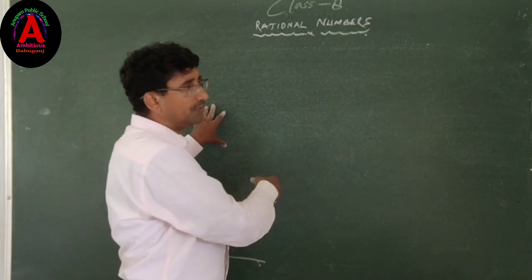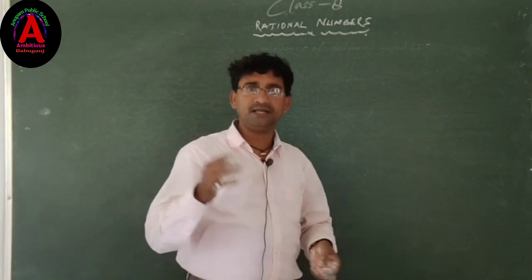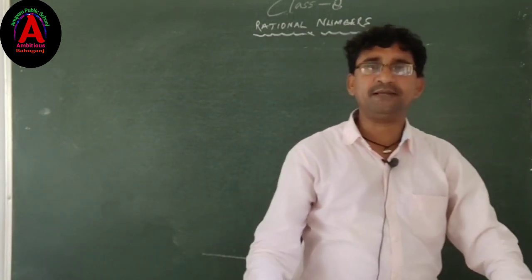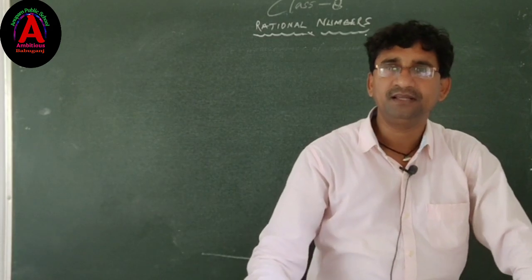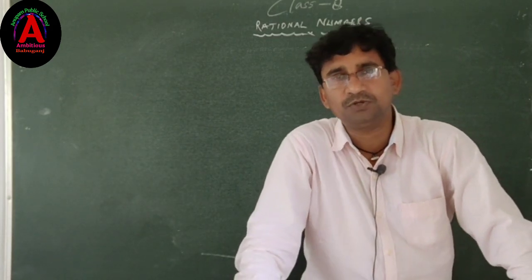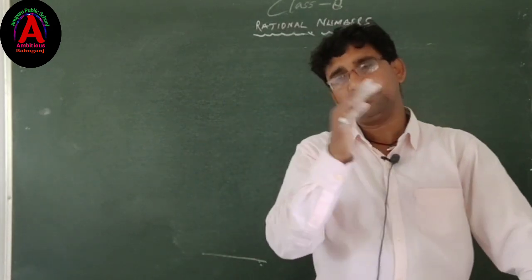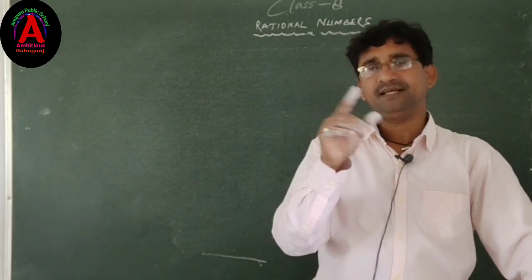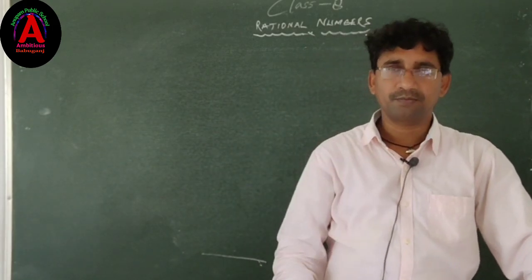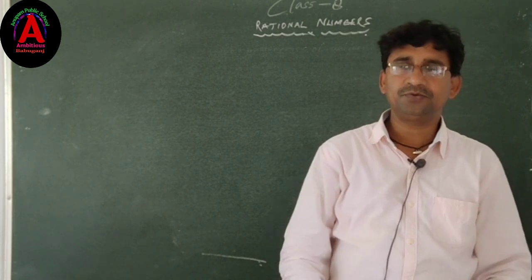Third property: if we have two rational numbers A by B and C upon D, and A upon B is equal to C upon D, then A into D is equal to B into C.